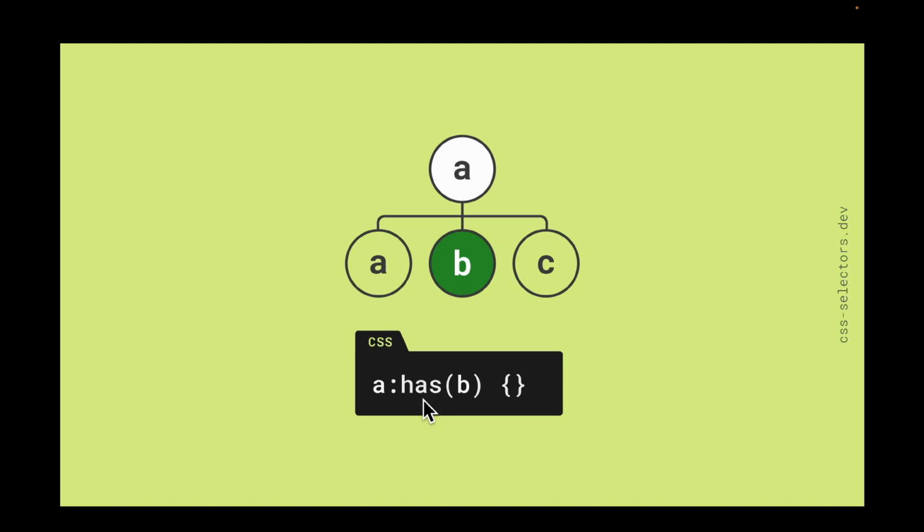We are going to see other use cases of the has pseudo-class later, but let's talk about the has selector and understand how it works. So we are targeting the A element when it has a B element. In this case, since there is a B element under the A element, this A element will be selected.